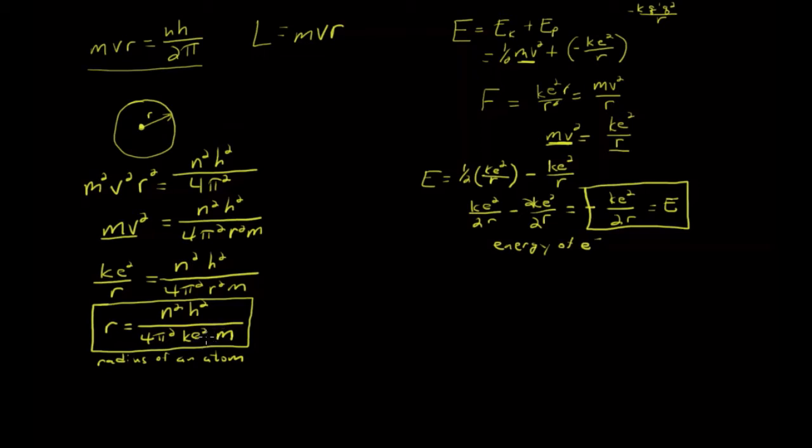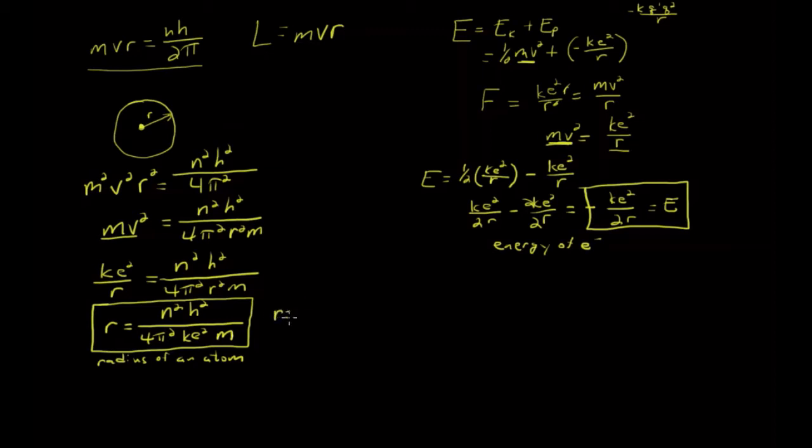If it's moving, that's a different matter. But we're using the rest mass of an electron, and so we can calculate the radius of this, I'm sorry, this atom. So let's see what the size of this atom is.